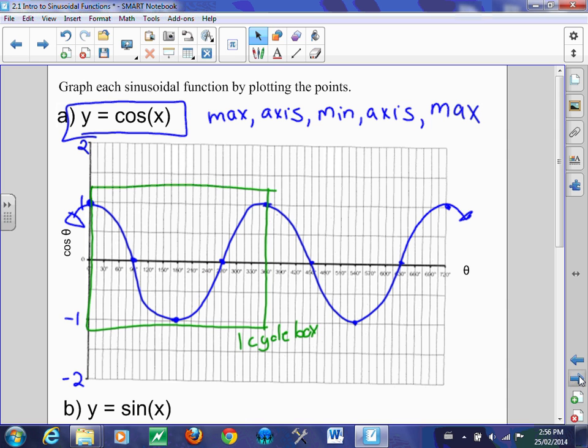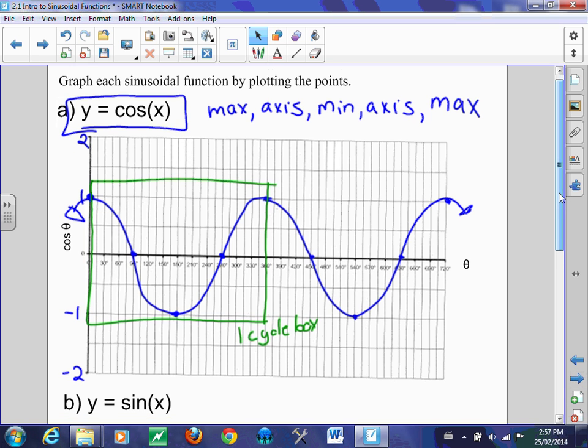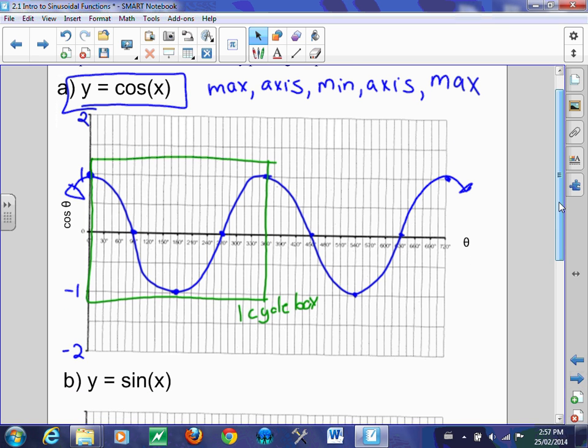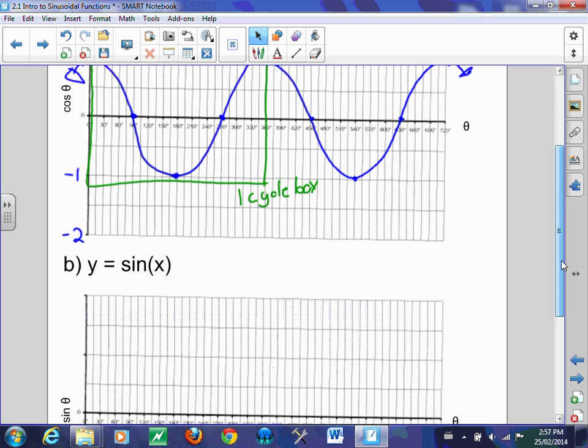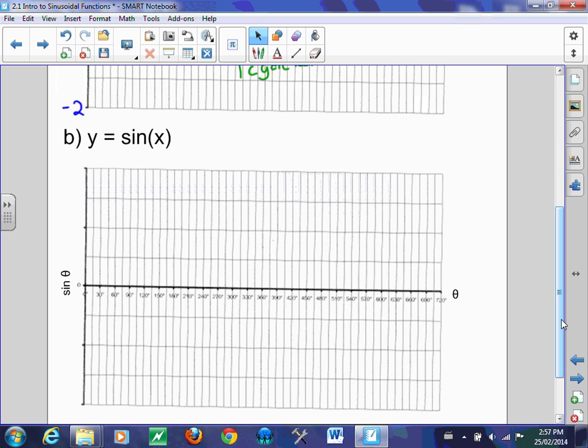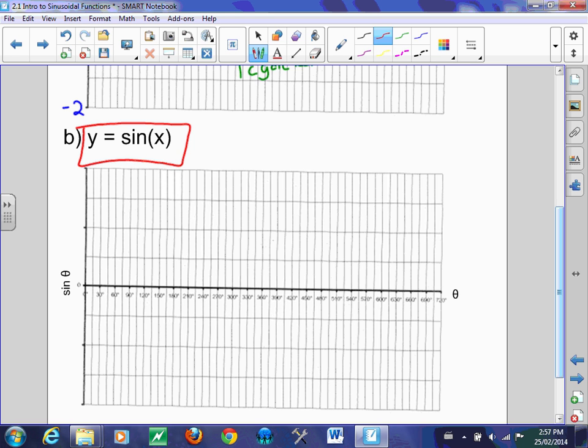So just remember that when we're talking about the xy coordinate, okay, that it's y equals cos of x. Okay? That's the cosine. Notice it starts at its max and it ends at its max. That's different than the sine parent function. Okay? So change colors here. And if you want to be colorful too, I'd recommend it as well.